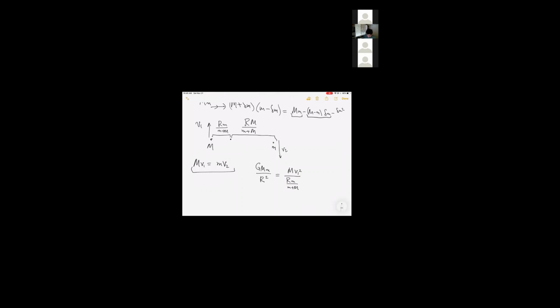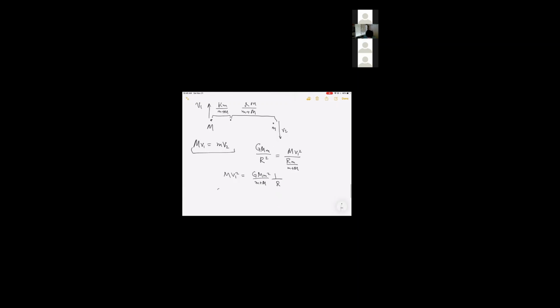All right, and this implies that v1 squared, m v1 squared is equal to... so this implies that v1... have I made a mistake here? No, I'm fine.